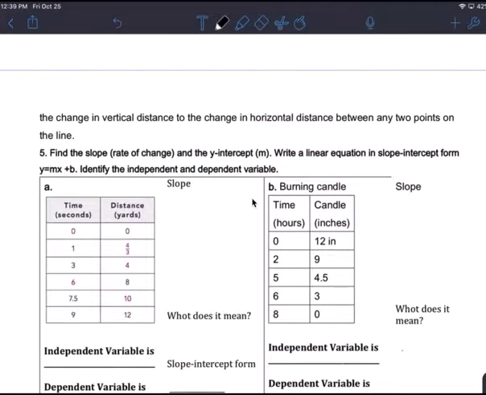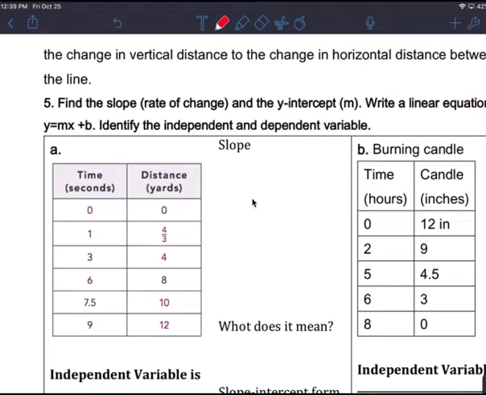Okay, number 5. We're going to find slope in all this problem first. So maybe we'll attack slope, and then we'll attack y-intercept. I didn't put y-intercept on here. Slope is also the same thing as rate of change. Okay, this is like your quiz. I hope you understood it.